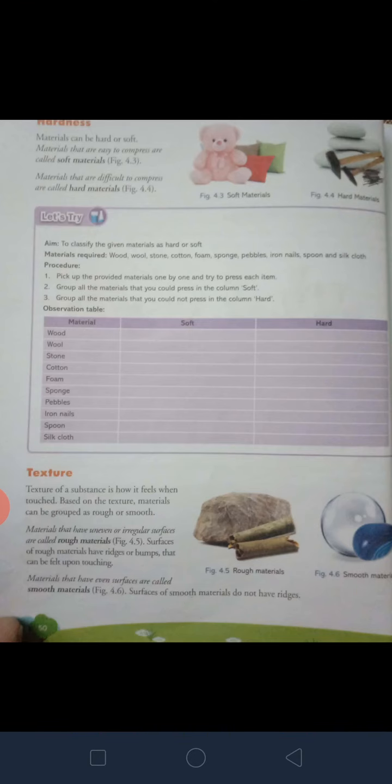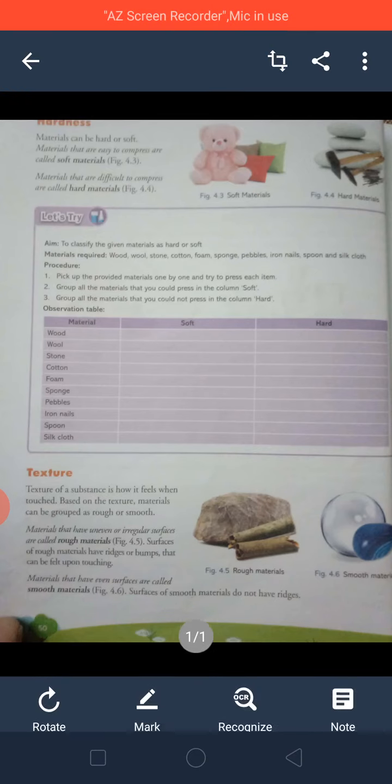In one column you write material, another column soft, and then hard. The material: wood. You have to press wood. Wood can't be pressed, so you have to write in front of wood, hard. And in the column soft you have to put a dash. In this way you have to write down this experiment on your practical file in very neat handwriting.